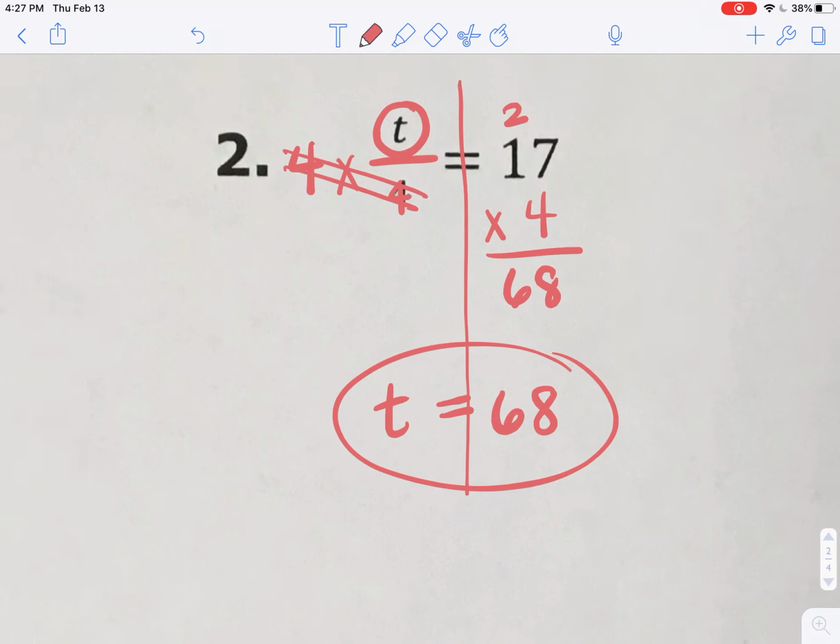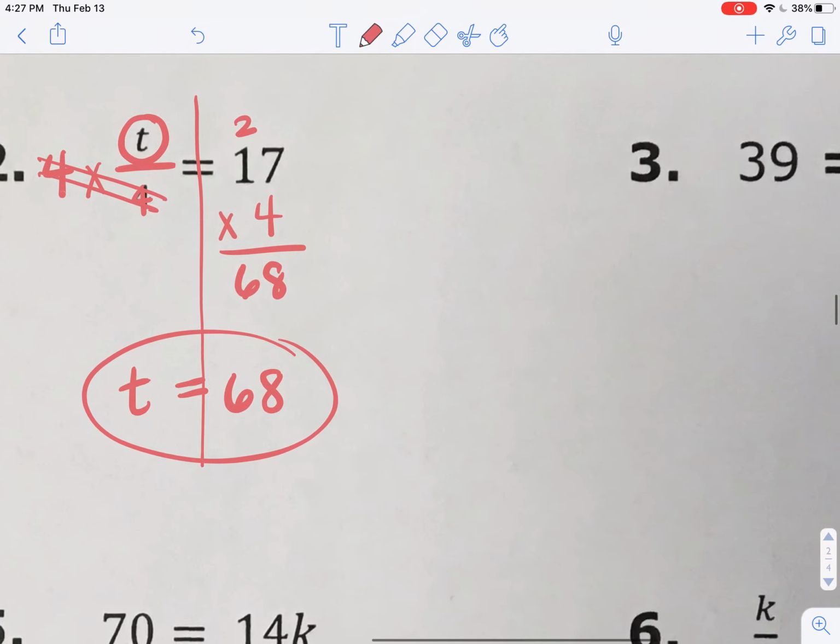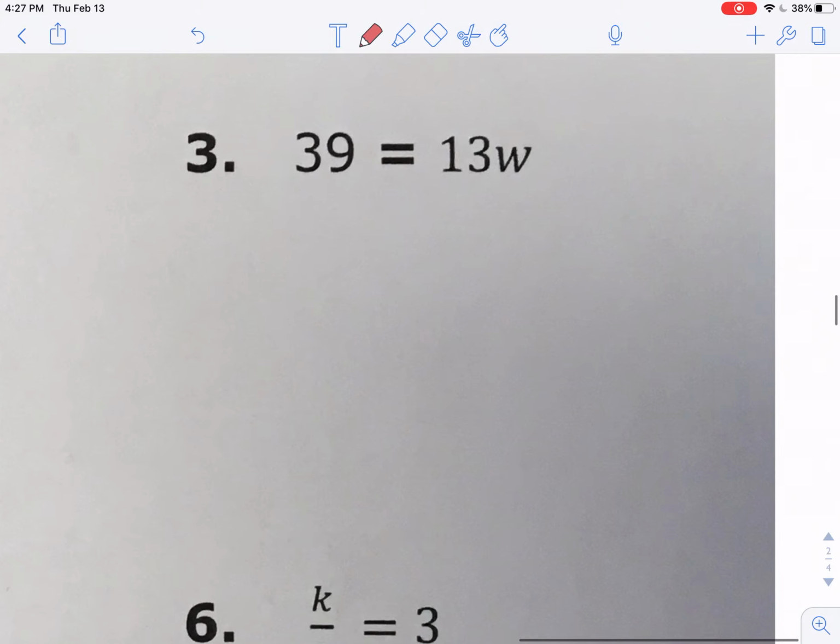Let's look at number 3. You can divide your equation. We're trying to get W by itself. And we do that by getting the 13 to go away. How do we get the 13 to go away? Well, 13 is currently being multiplied by W. There's a little multiplication happening there.